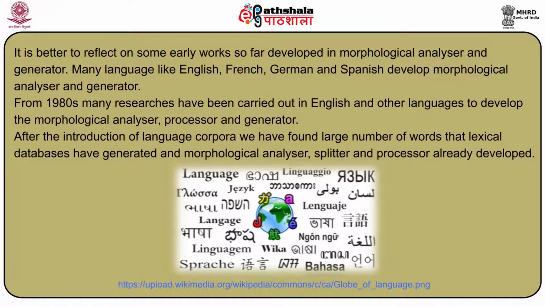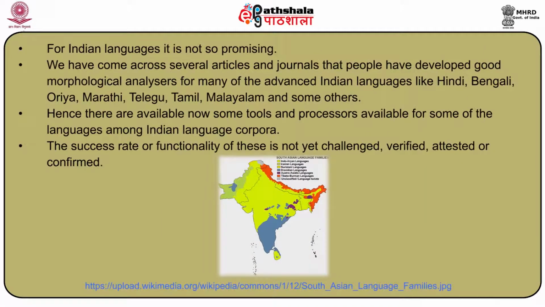After the introduction of language corpora, we have found a large number of words, lexical databases have been generated, and morphological analyzers, splitters and processors have already been developed. But for Indian languages, it is not so promising.